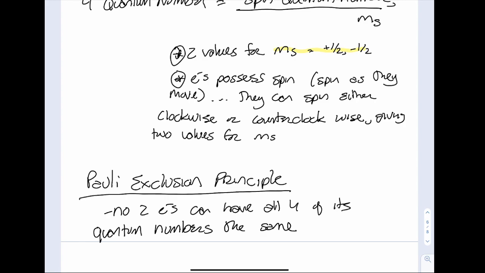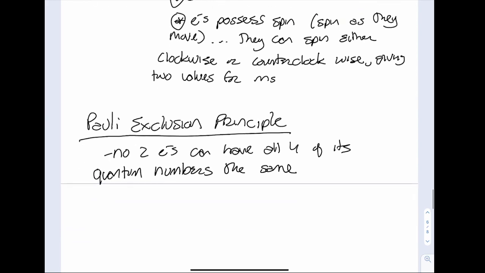They're going to have the same value for L. They're going to have the same value for m sub L. So they have to have different values for m sub s, right? They can't have all 4 the same. They can have 3 of them the same, right? They can be in the same orbital. If they're in the same orbital, their values for n, L, and m sub L are all the same, meaning the 4th quantum number has to be different for those 2 electrons. So no 2 electrons can have all 4 of its quantum numbers the same.